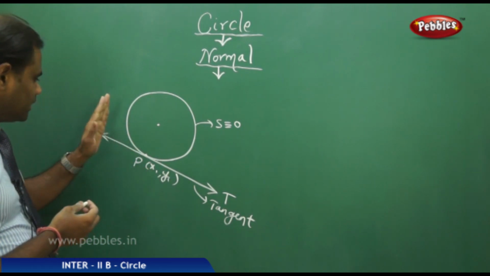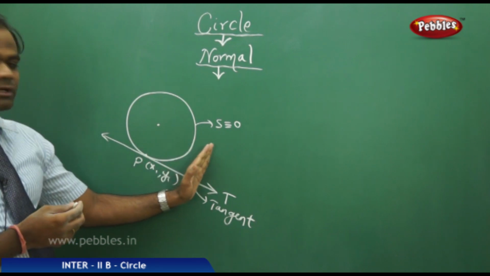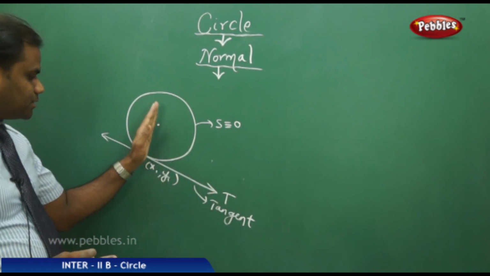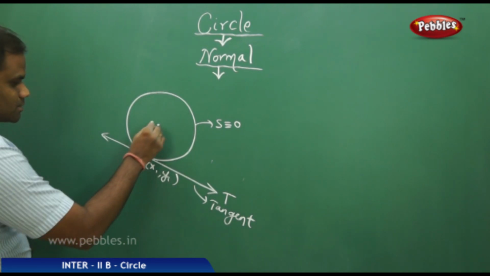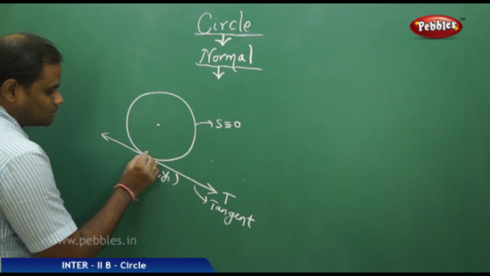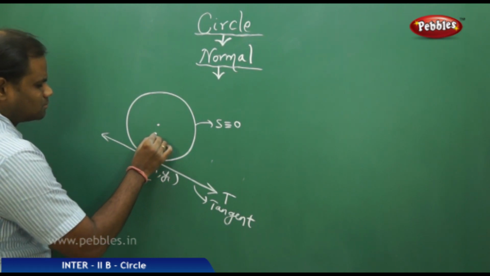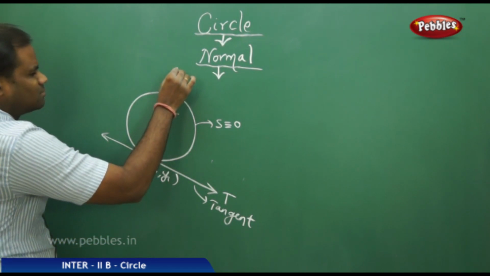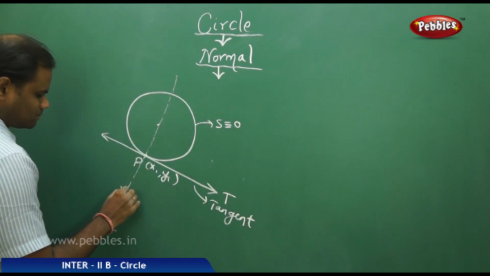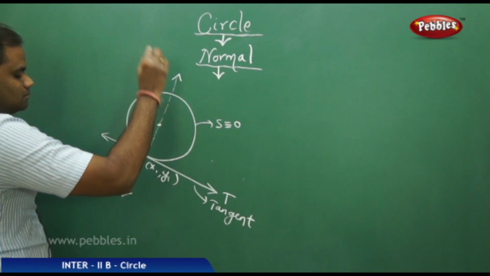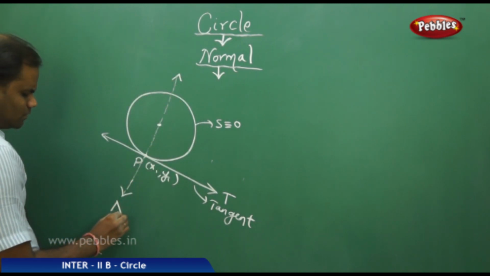There are infinitely many lines which are perpendicular to the tangent, but there is only one line which is perpendicular to the tangent and passing through P. This is the normal.